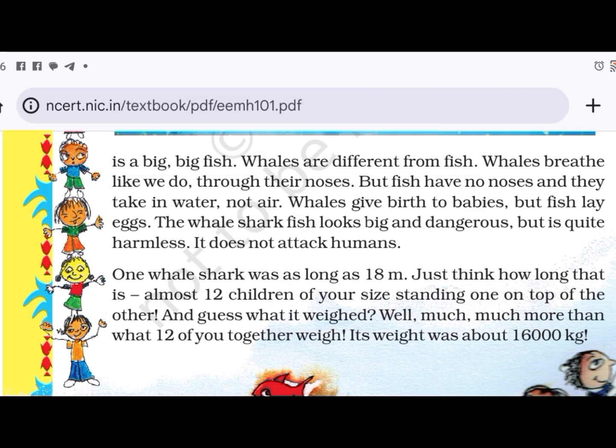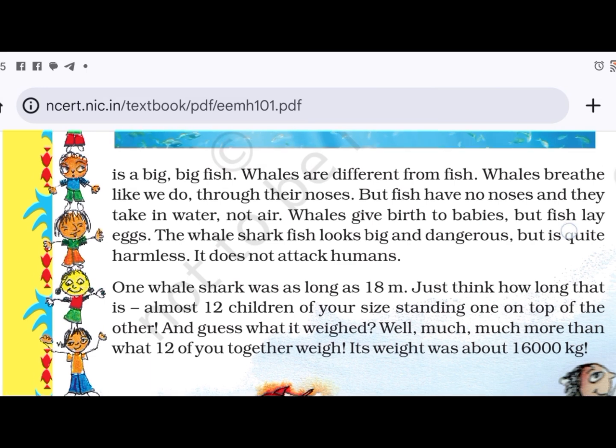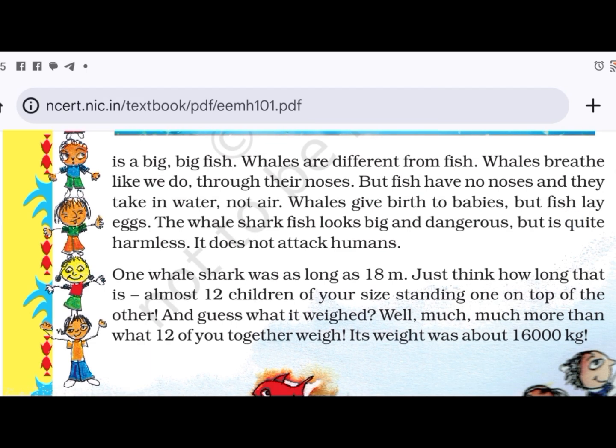Its weight was about 16,000 kg. Is it possible that you all together will gain a weight like 16,000 kg? Definitely not. Now check out a few points given below.